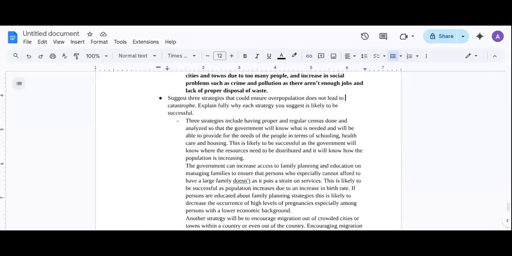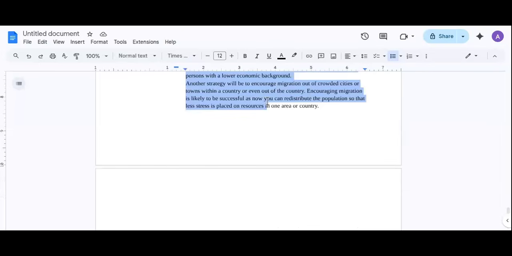And 3 strategies that can ensure overpopulation does not lead to a catastrophe, and explain fully why each strategy you suggest is likely to be successful.